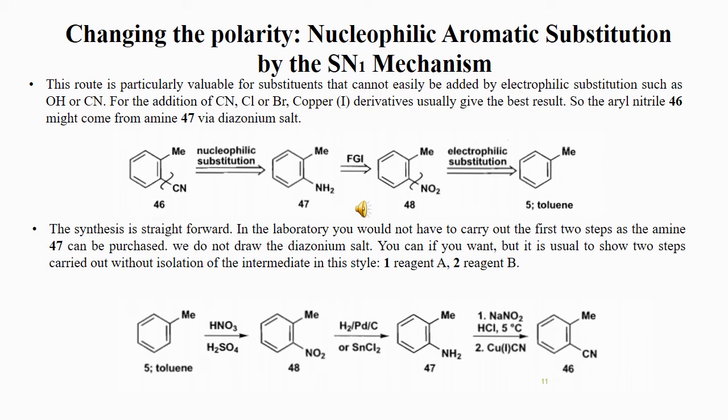But if you increase the temperature, it will decompose, giving nitrogen gas and the unstable aryl cation 43. So when the temperature is increased, the transformation from 42 to 43 takes place, as you can see from here.